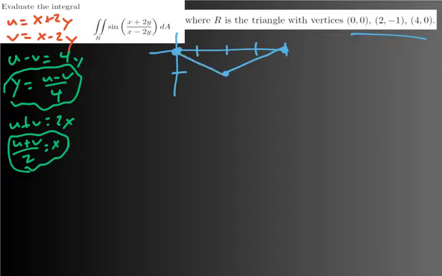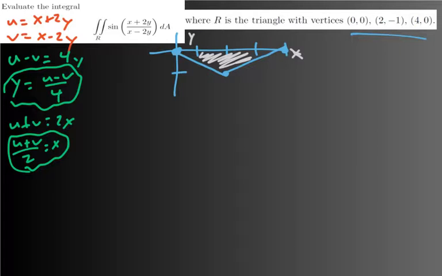So that is my region I'm integrating over. And that's in XY space. I want to do all these reductions and get this thing figured out in UV space so I can get my bounds from UV.